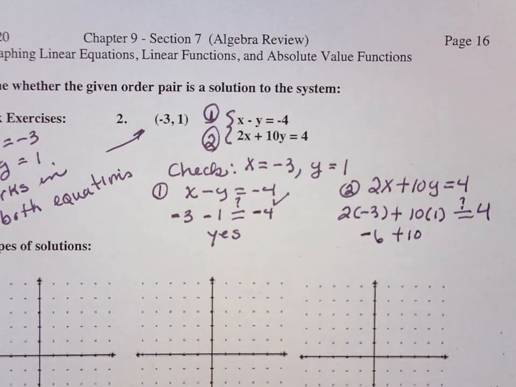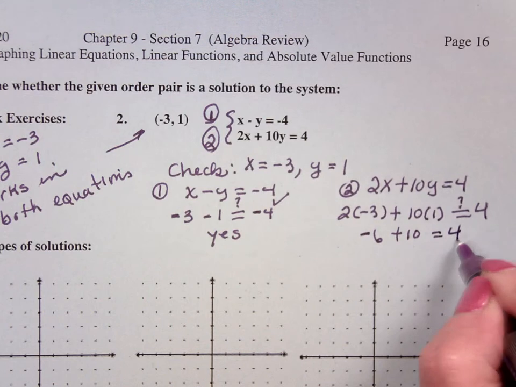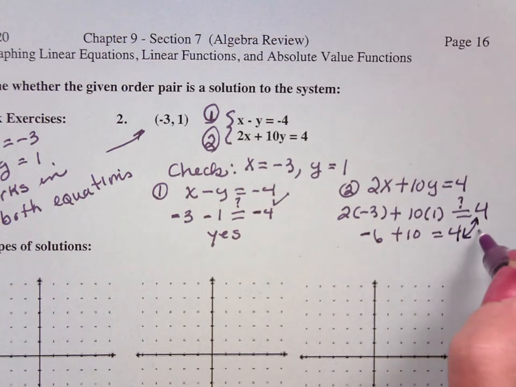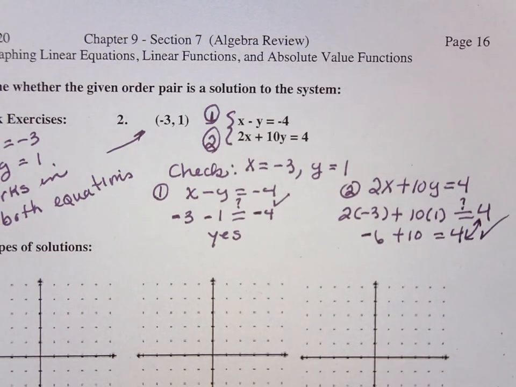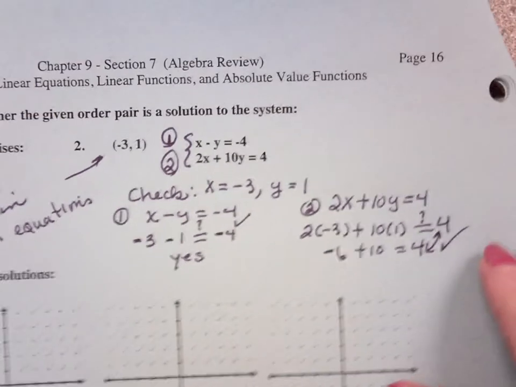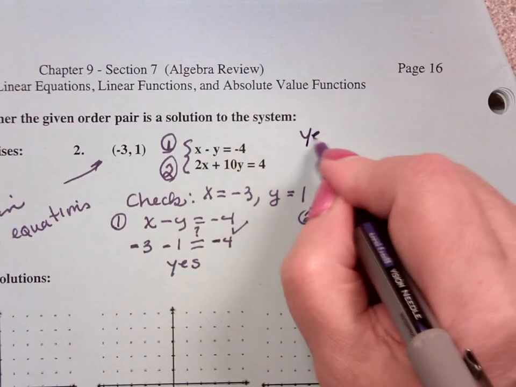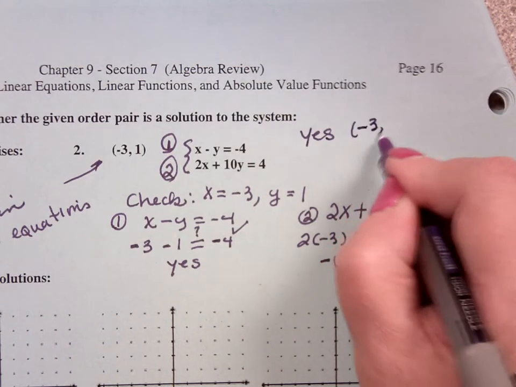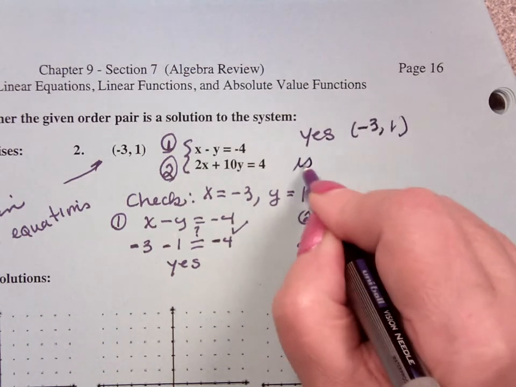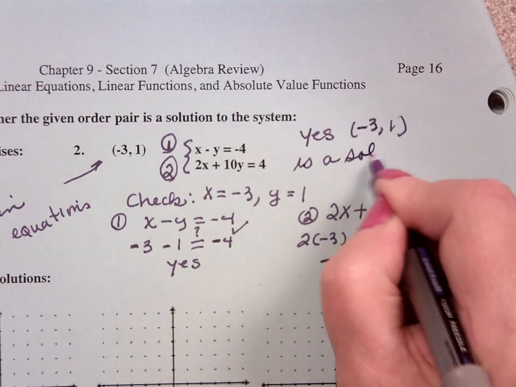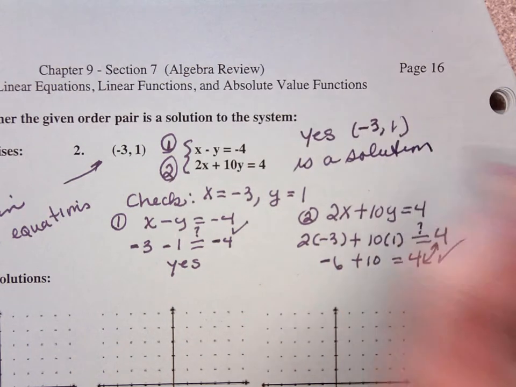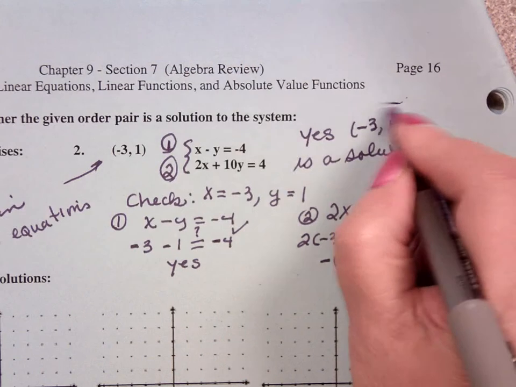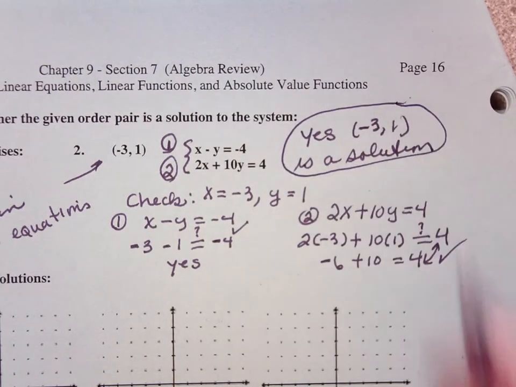Negative 6 plus 10 is 4. 4 does equal 4, so it checks. So the answer would be yes. Negative 3, 1 is a solution. It worked in both.